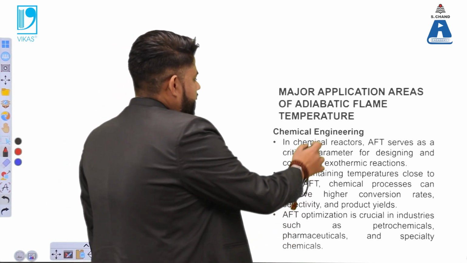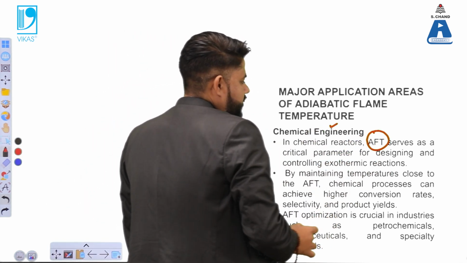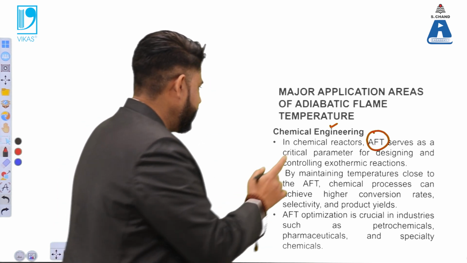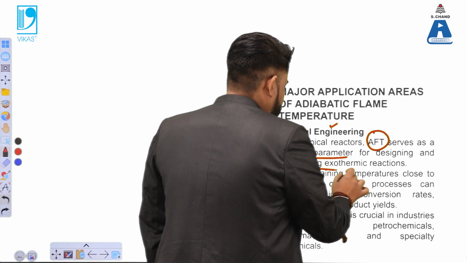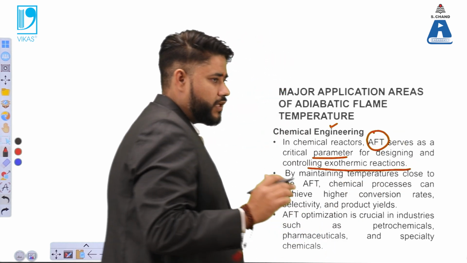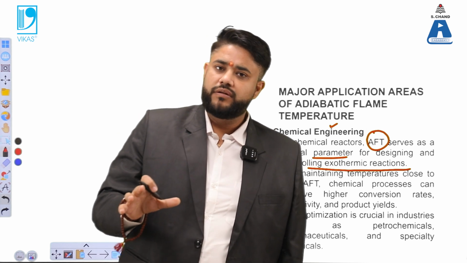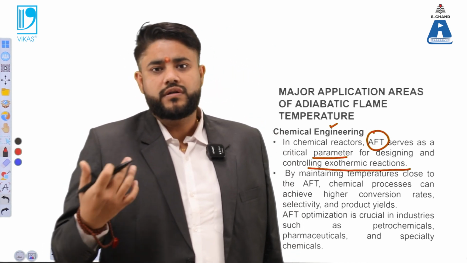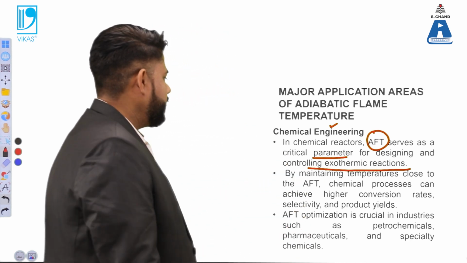Then the another aspect is chemical engineering. What do chemical engineers basically use this AFT for? It serves as a critical parameter in designing and controlling an exothermic reaction. So if it is a reaction in which heat is released from the particular system and you want to analyze that system for the optimum values, then this AFT serves as a critical parameter.